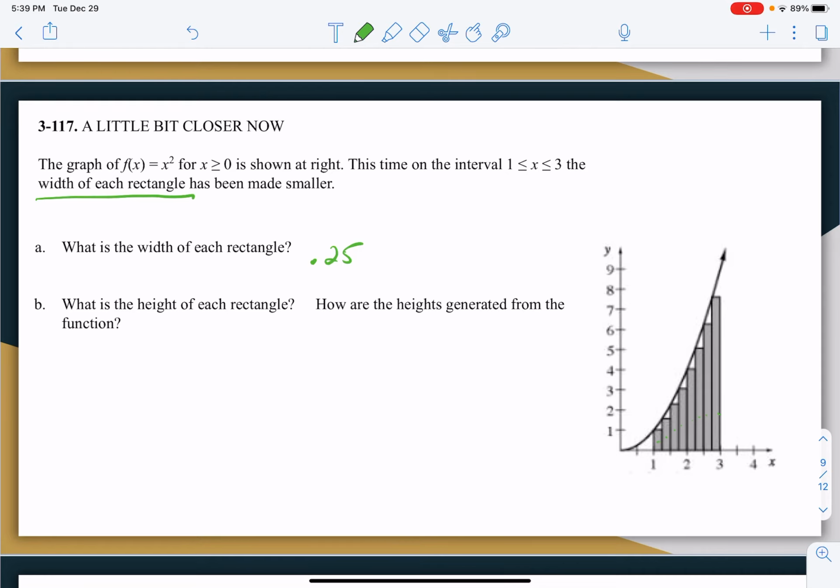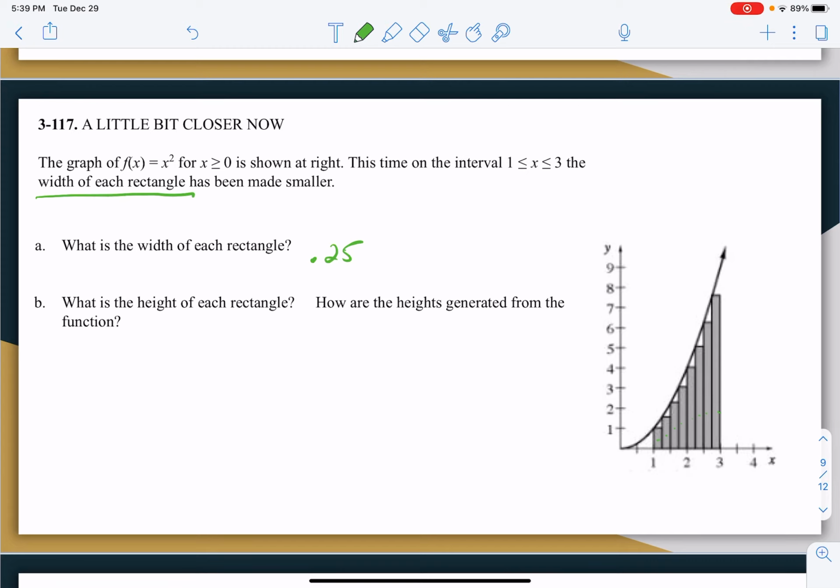To find the height of each rectangle, remember that the height of each rectangle is the y value. So if I make a table with input and output, and I put a 1 into my function, I get out a 1.